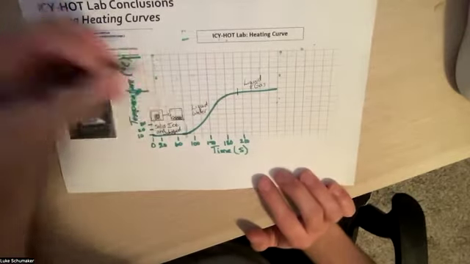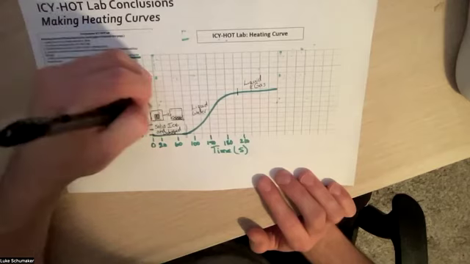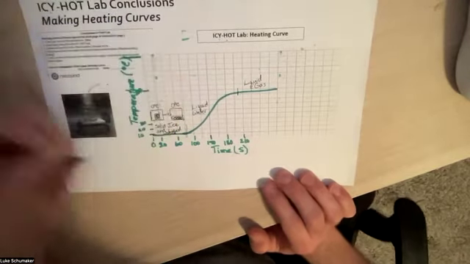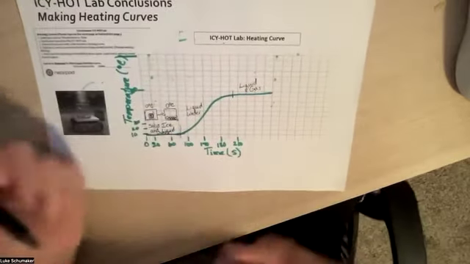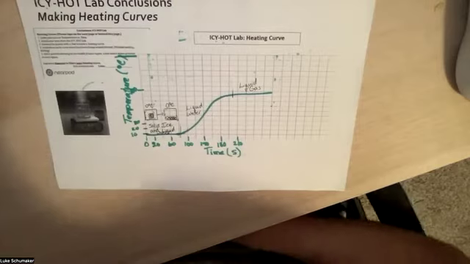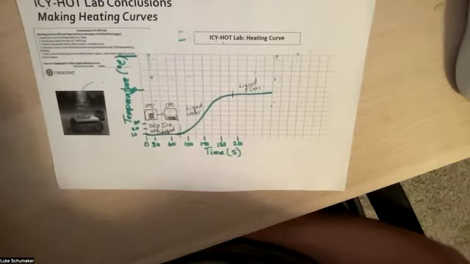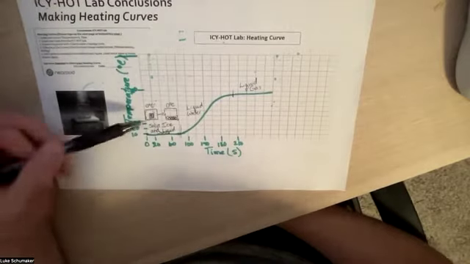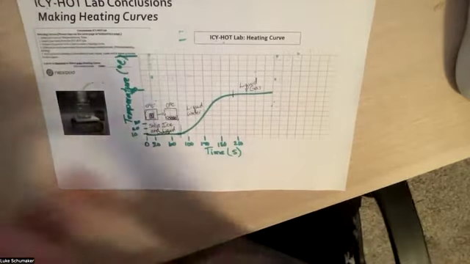Notice both of these are at the same temperature, 0 degrees Celsius, the freezing point of water. Some of you may have had a plateau at maybe 9 or 10 degrees, and that's fine. Just know that the actual freezing point is 0 degrees. The 9 or 10 degrees may have come from getting the temperature closer to the hot plate, where it may have been warmer.